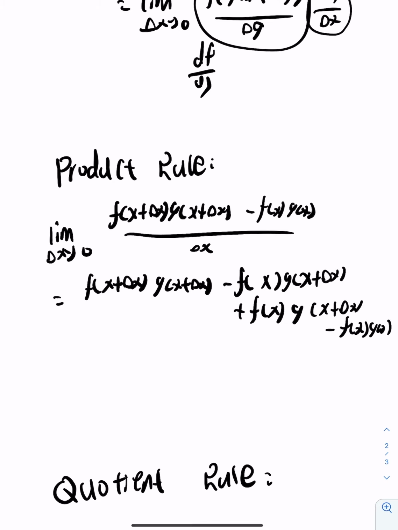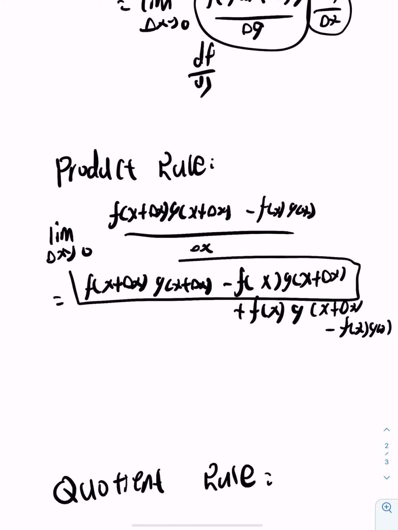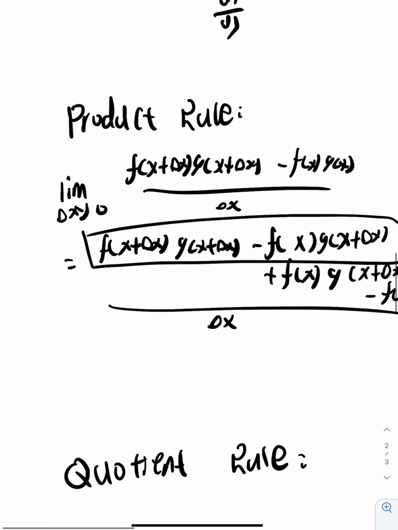So we now take a look at this part. We see that only this part is moving, so it is basically the derivative of f times g(x plus delta x).